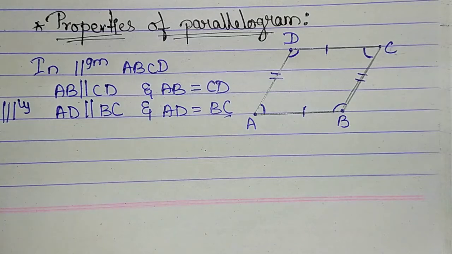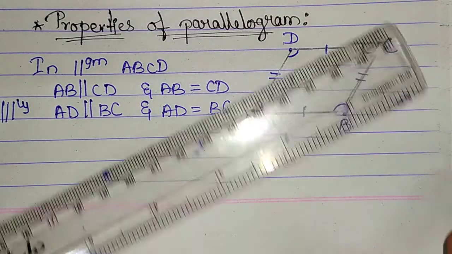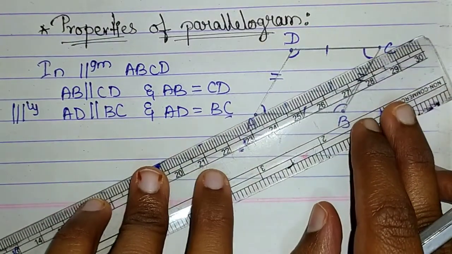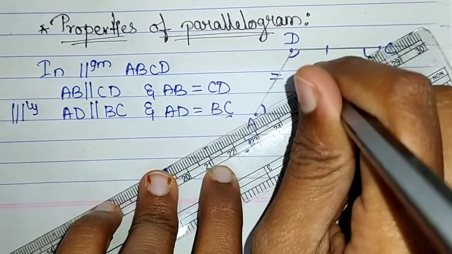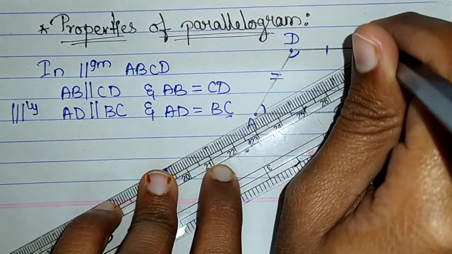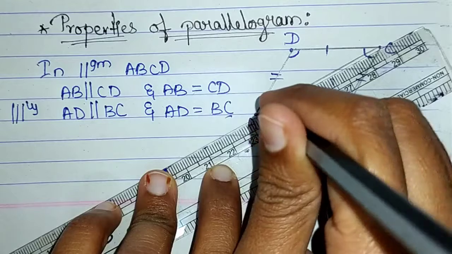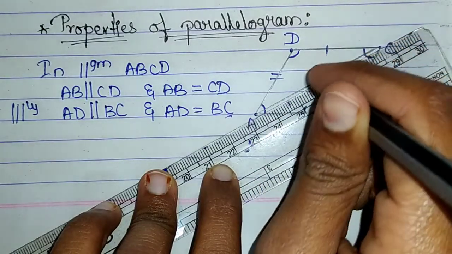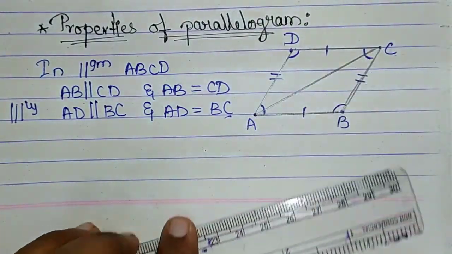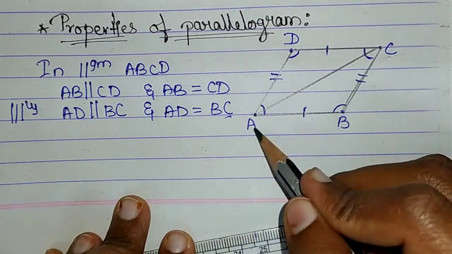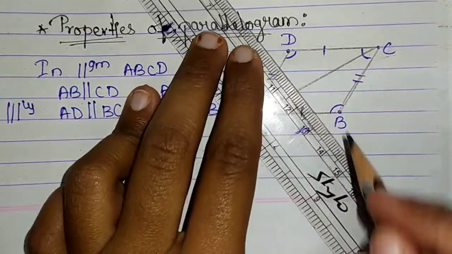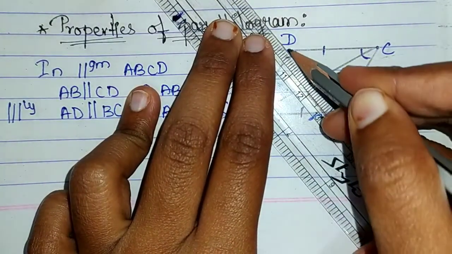Now there is one more component in quadrilaterals which we call a diagonal. A diagonal is a line segment which joins two non-adjacent vertices. So in a quadrilateral, the non-adjacent vertices are the opposite vertices. So here AC is a diagonal and BD is also a diagonal.